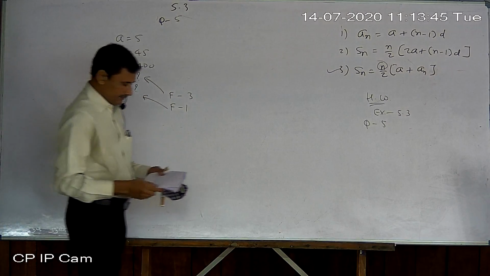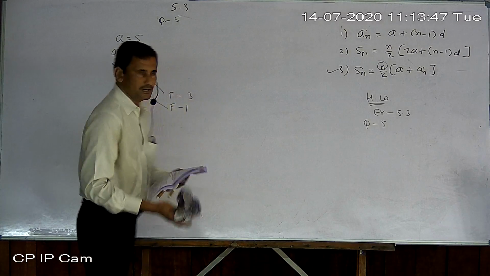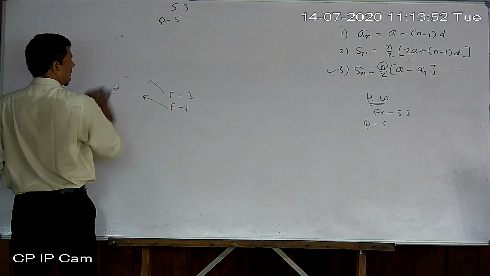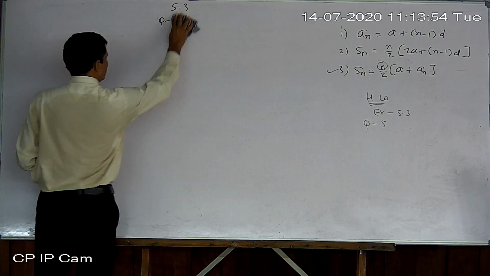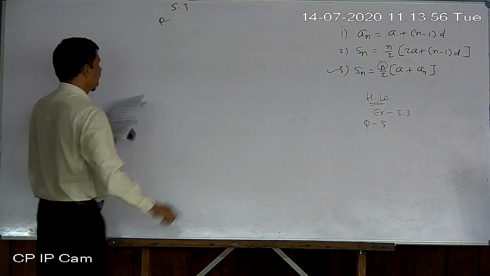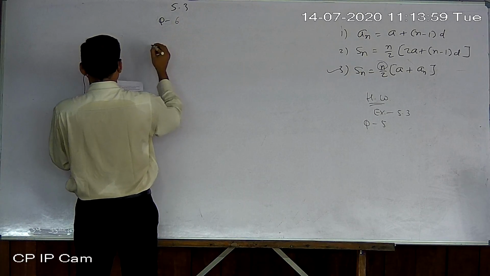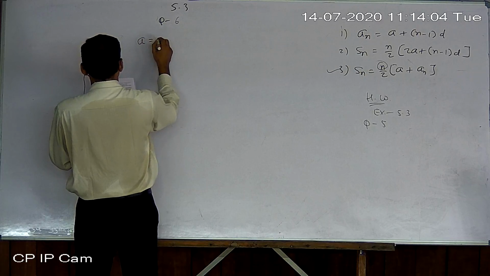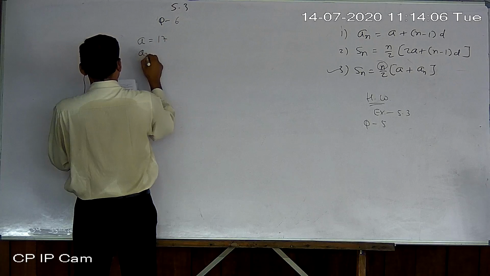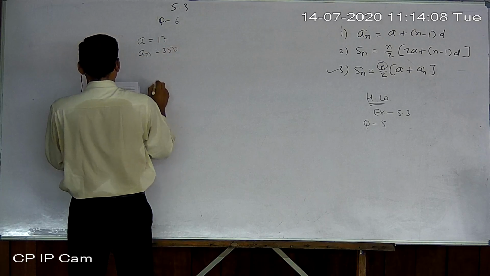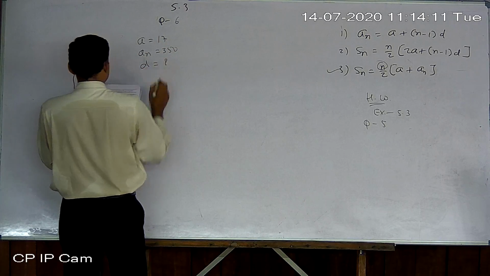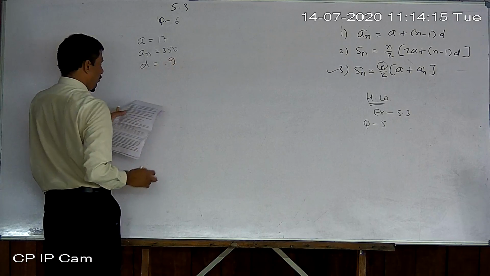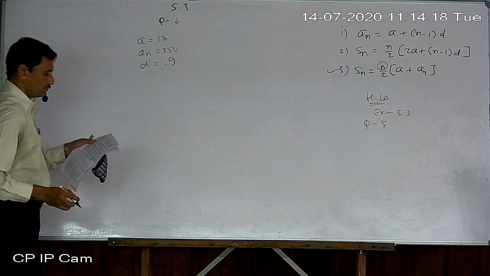Now look at number 6. Again prepare a list. First of all, read it carefully. First term is 17, last term is 350, and common difference is 9. How many terms are there and what is their sum?